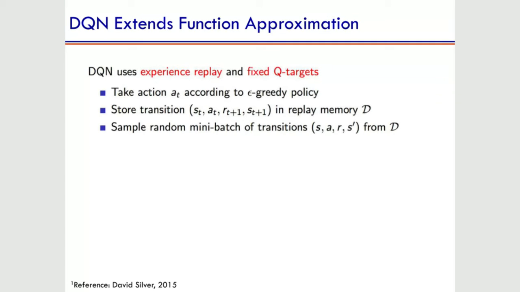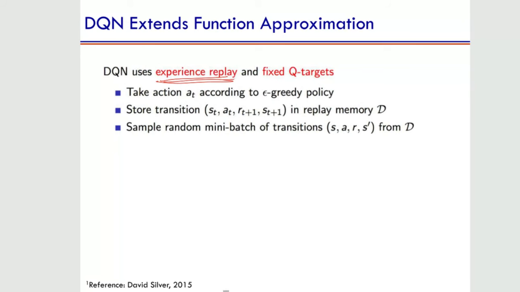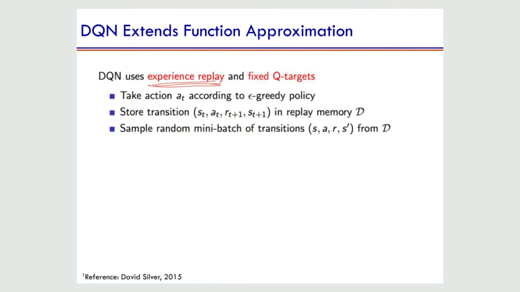This 4-tuple is stored in what is called a replay memory D. It's just a memory; think of it as all 4-tuples being plugged into some database, or a row in a CSV file. Then what we'll actually do is sample a mini batch from this experience replay memory D. Let's call a sample (S, A, R, S prime).